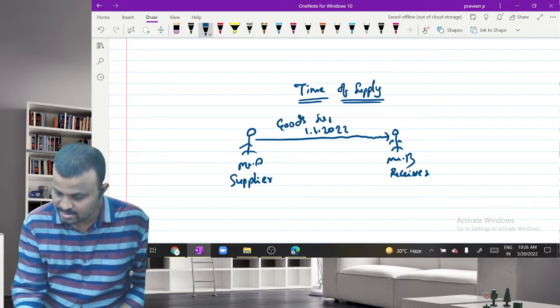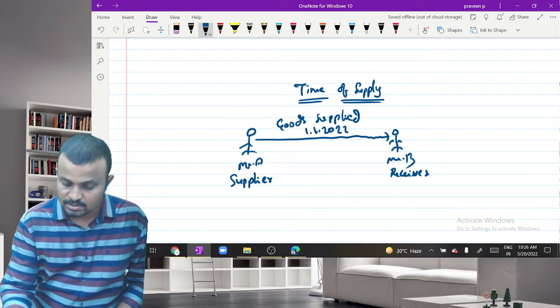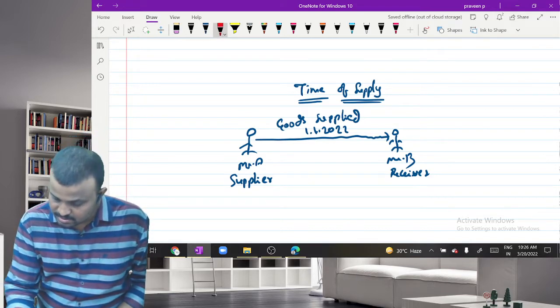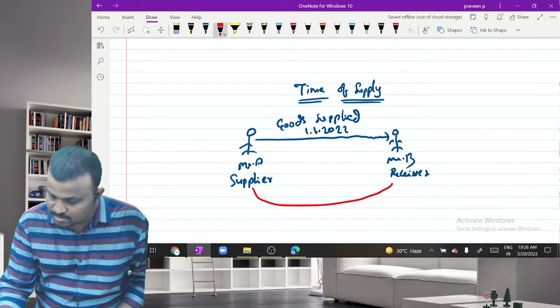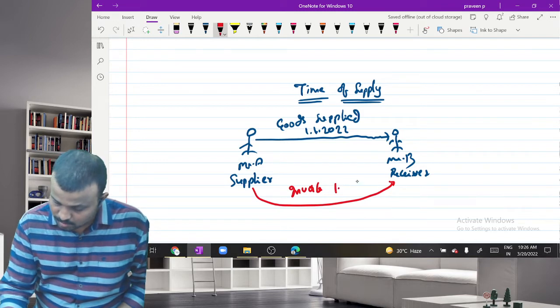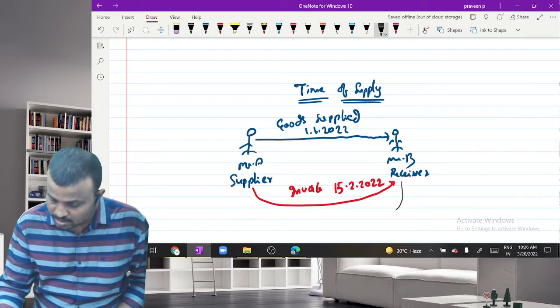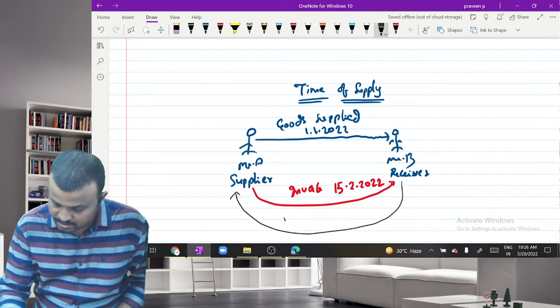Goods supplied on 1/1/2022. And here the invoice is raised by the party, invoice issued on, for example, 15/2/2022, and the payment is made by the party.